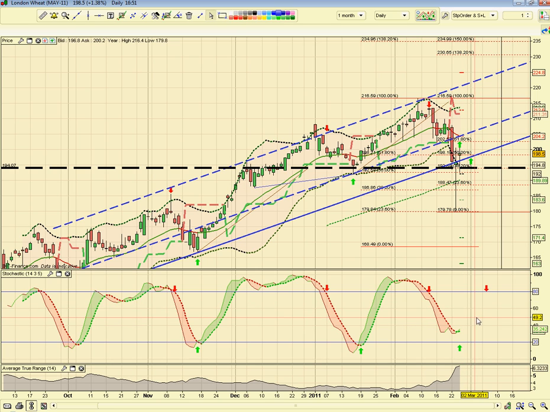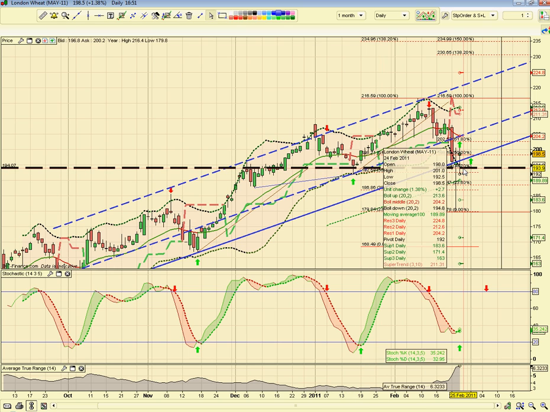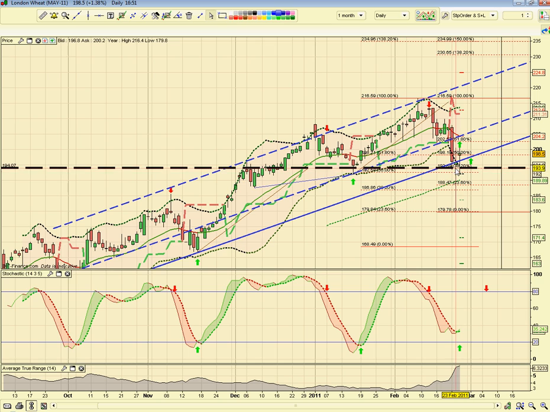The support line which I drew last week, this big black line here at 194, was breached on a daily basis, but not closed below. So this did hold on a daily closing basis. The support was crucial at 194, and it has held, and also this lower trend line, though breached on a daily basis, has held on a closing basis.